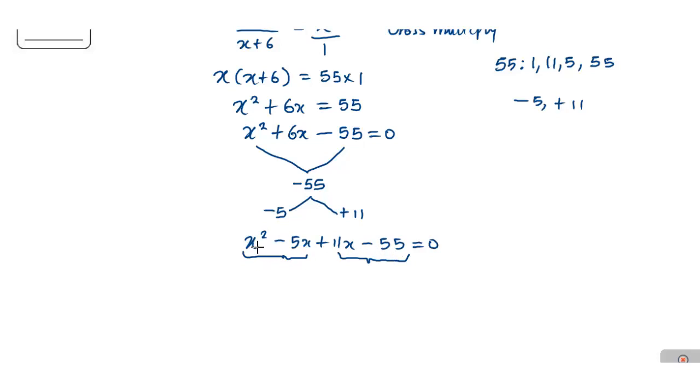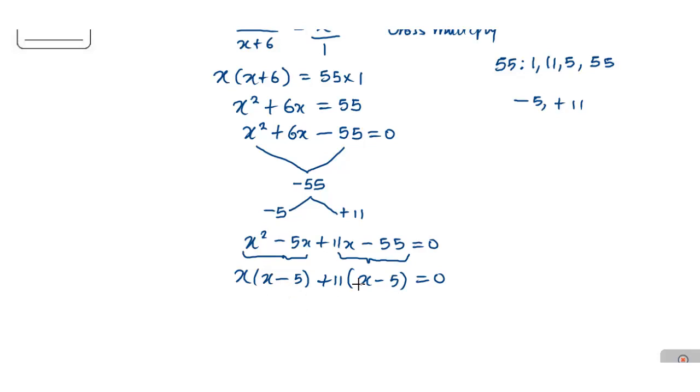So between x squared and 5x, we can factor x out. Then we have x minus 5. Obviously, what we are going to be having here is still x minus 5, based on the fact that this is properly factored out. So what are we going to be having outside here? That will be plus 11. 11 times x, 11x, 11 times minus 5, that's minus 55.